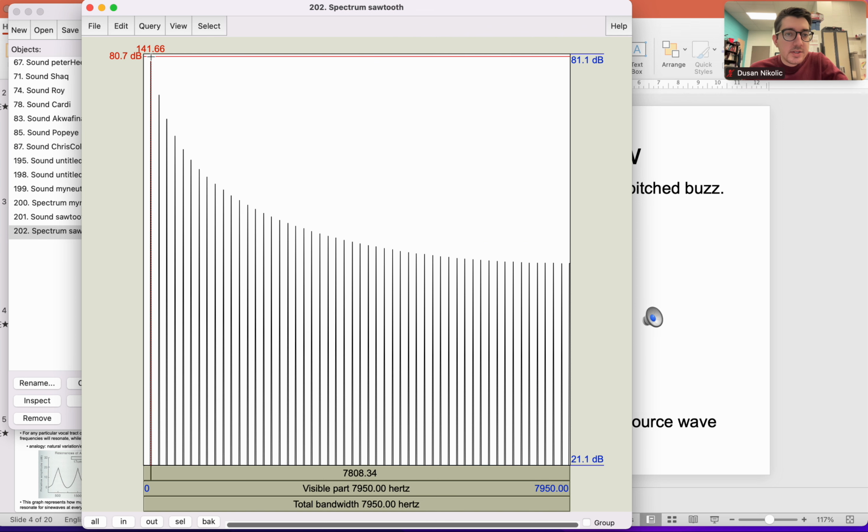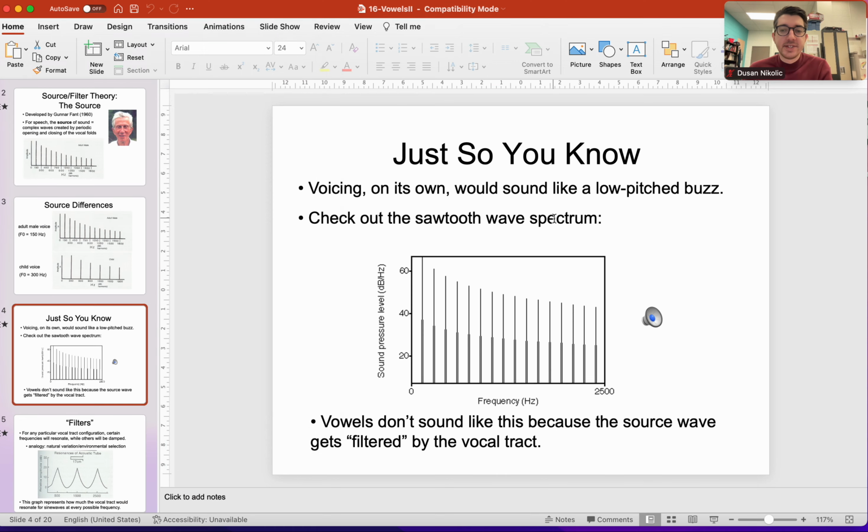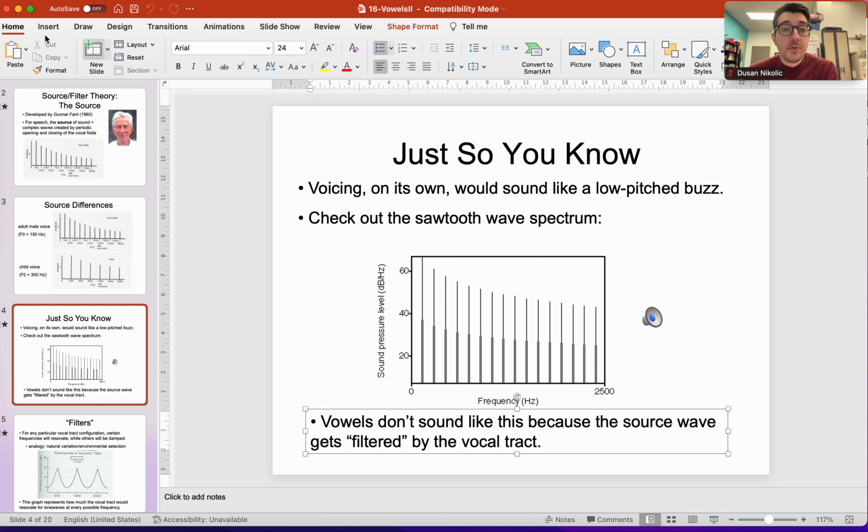So it's somewhere here, 150. Then here should be 300, and here should be 450, and so on and so forth. All right, vowels don't sound like this because the source gets filtered by the vocal tract.